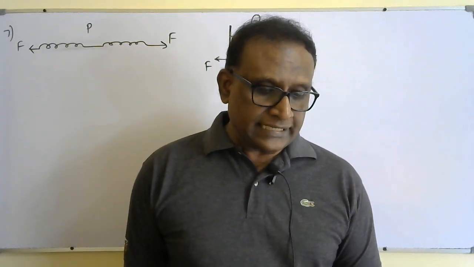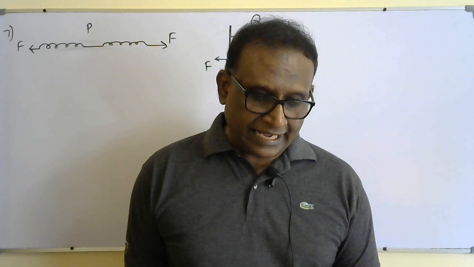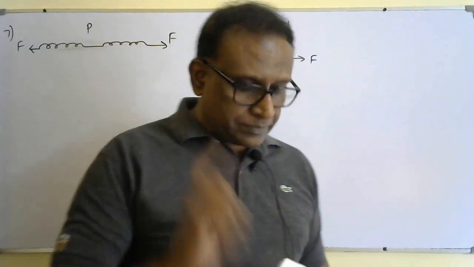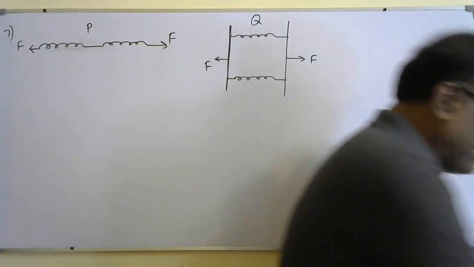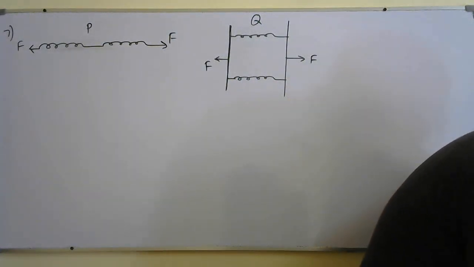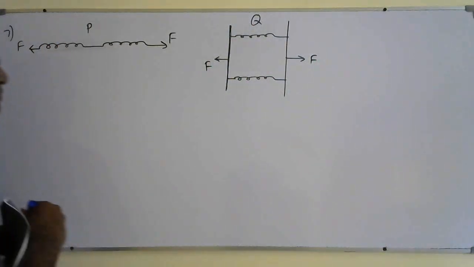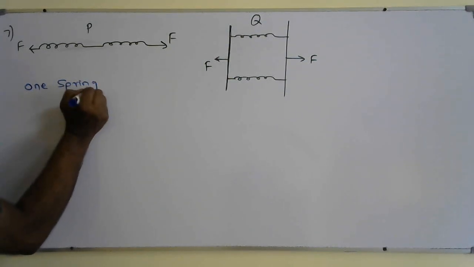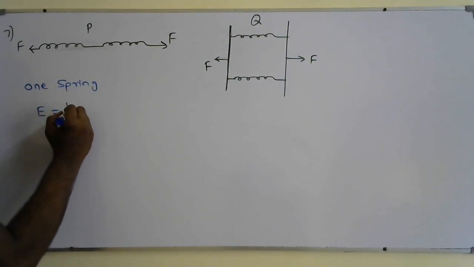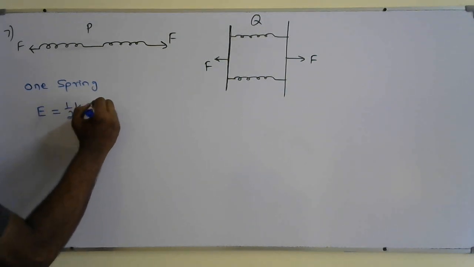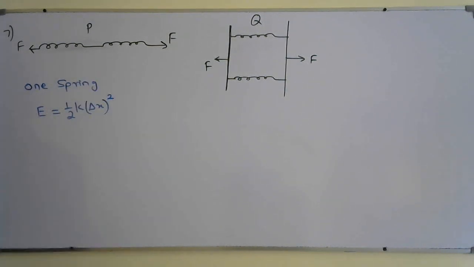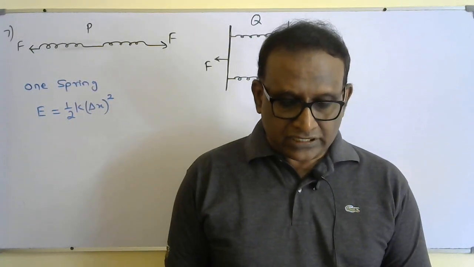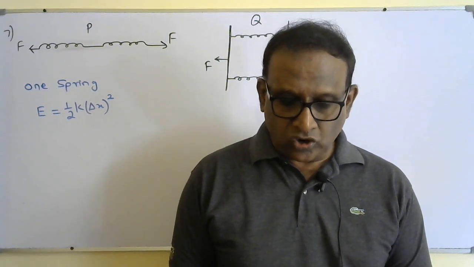When one spring is subjected to a tensile force F, the elastic strain energy for the spring is E. So for that one spring, I can say E is equal to half K delta X squared. Which row of the table gives the total elastic strain energy for each arrangement?